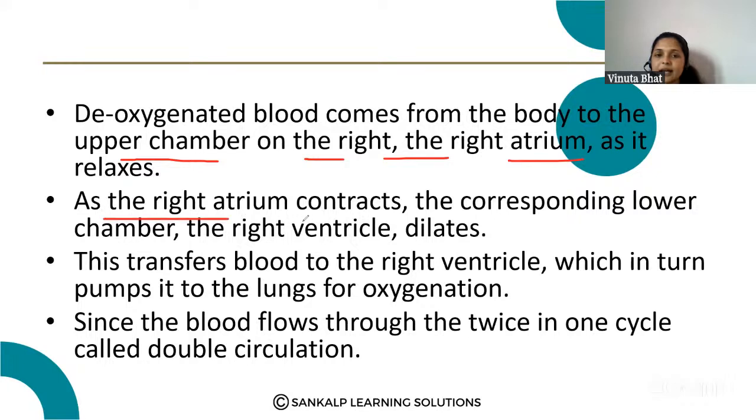Then as the atrium contracts, the corresponding lower chamber, the ventricle, dilates and receives the deoxygenated blood. When the ventricle contracts, the blood is pumped to the lungs for oxygenation. Since the blood flows through the heart twice in one cycle, it is called double circulation.